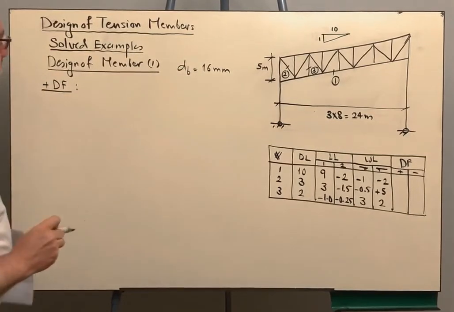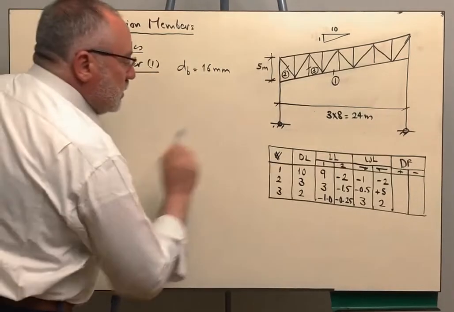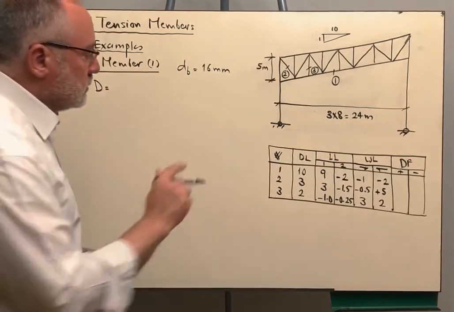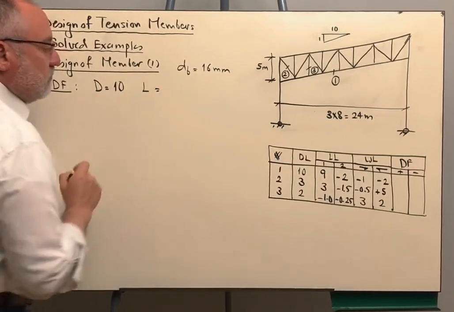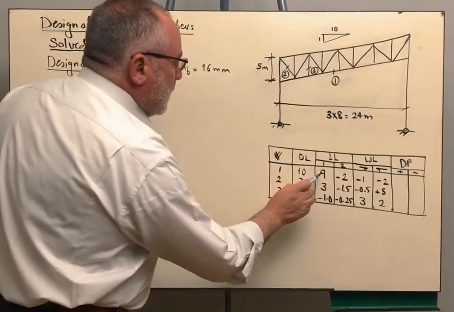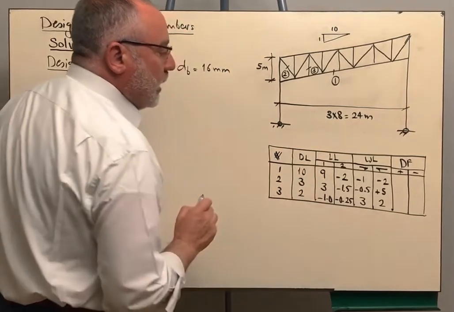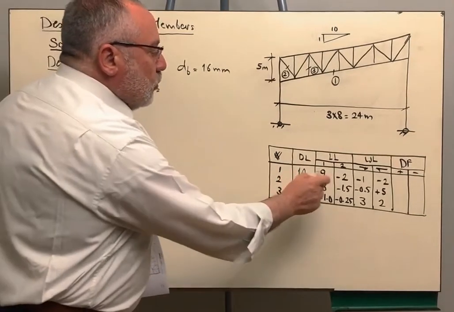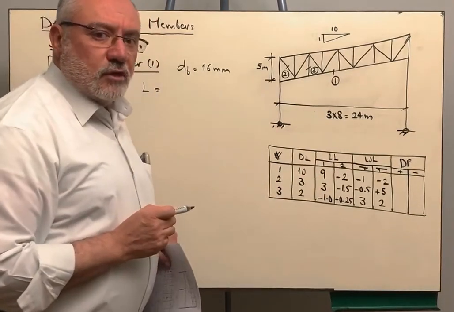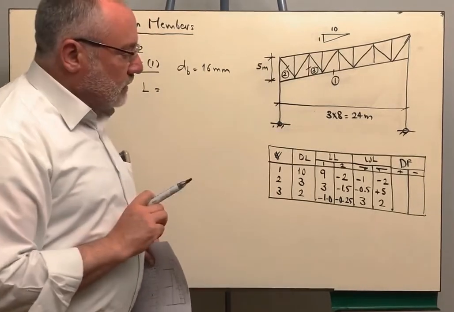For the positive design force, I will take the dead load. It's obligatory. It's no choice. We are going to take this 10 ton. For the live load, we either take case 1 or case 2 or both of them combined, because we have the right to add the two cases of the live load, or take one of them according to the design force we are searching for.